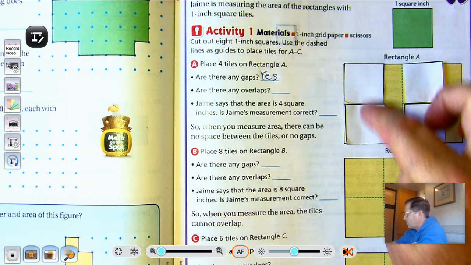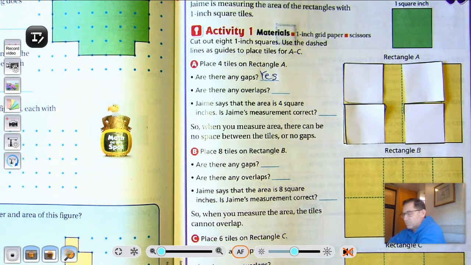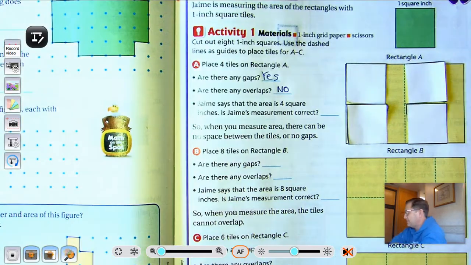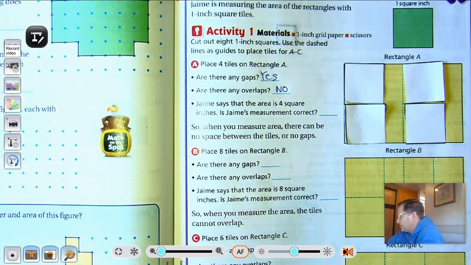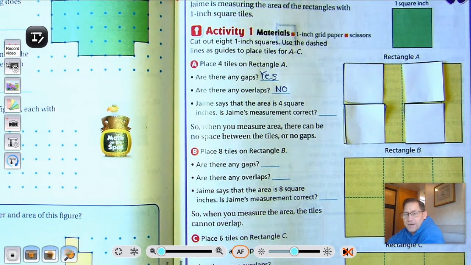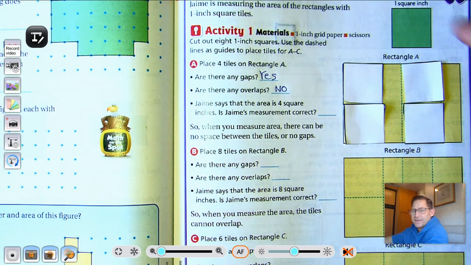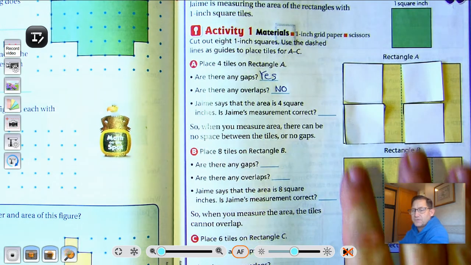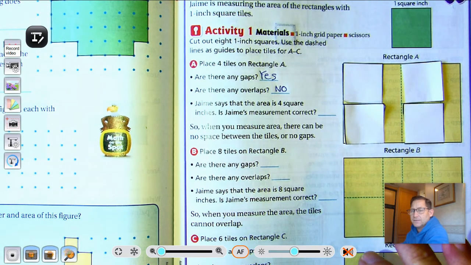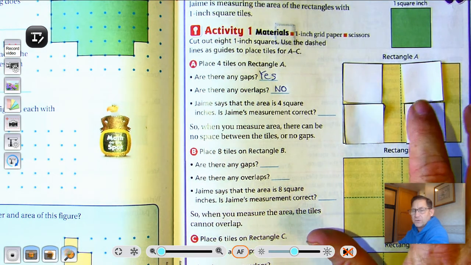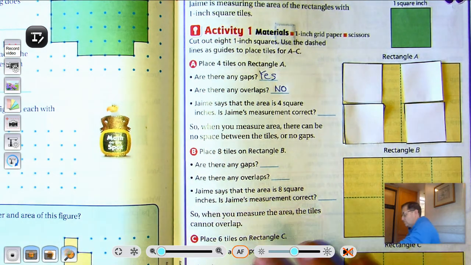No, the white squares aren't crossing over anything, so no. Jamie says that the area is 4 square inches.